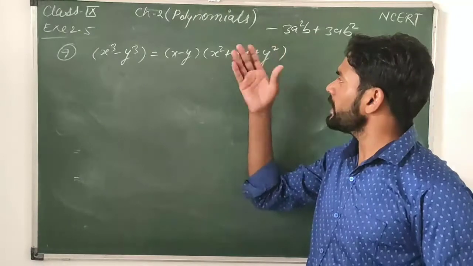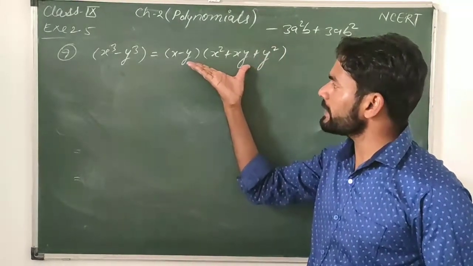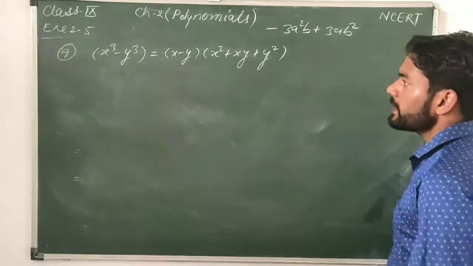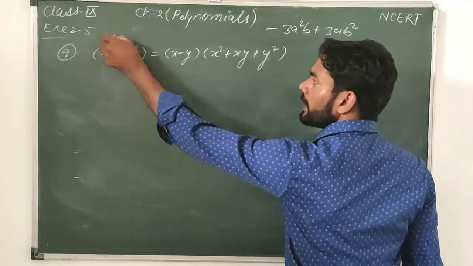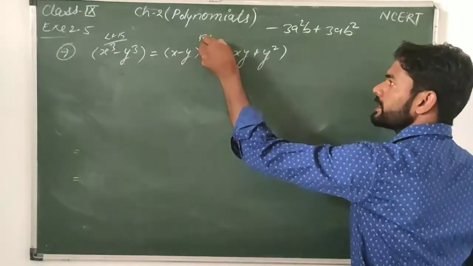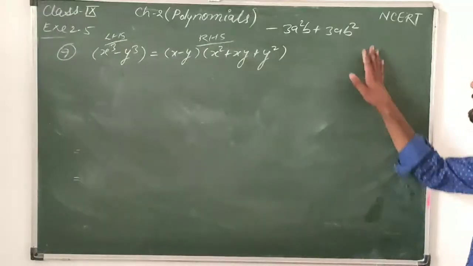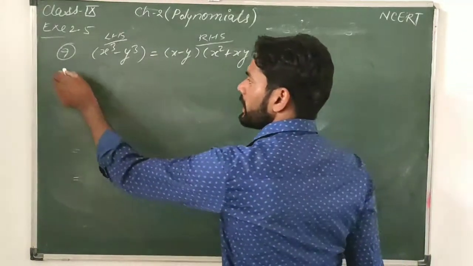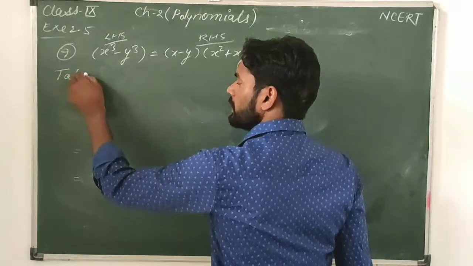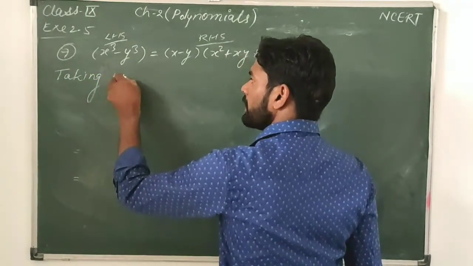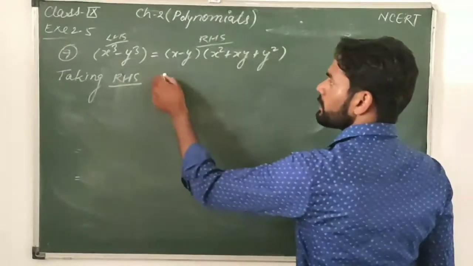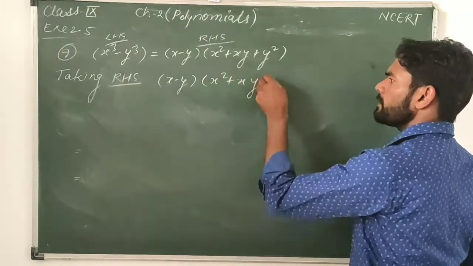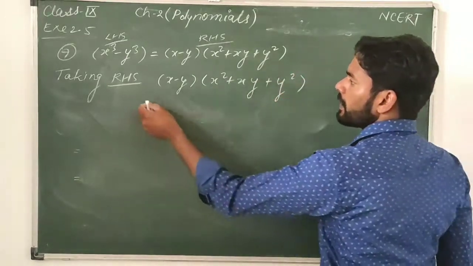And we can use this one also. If we solve and simplify this, then the answer should equal this or not. If it is possible, then the statement is correct. So this is the left hand side of the statement and this is the right hand side. I am going to solve the right hand side, taking RHS. x minus y into x square plus xy plus y square.